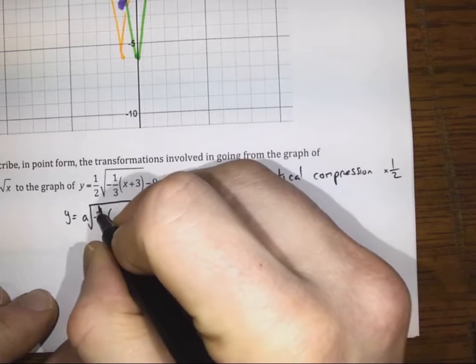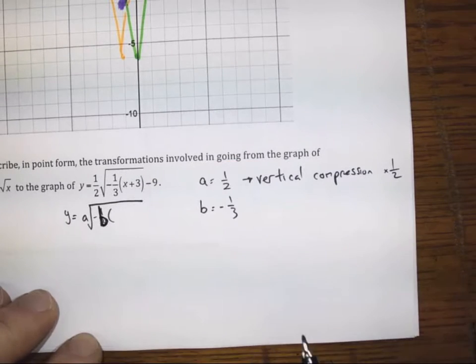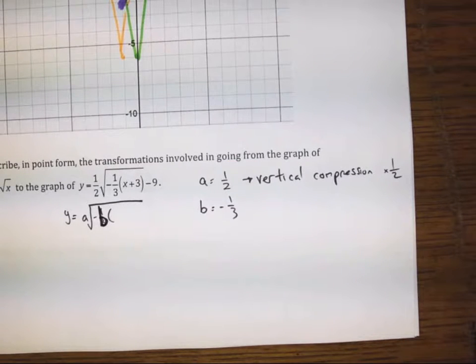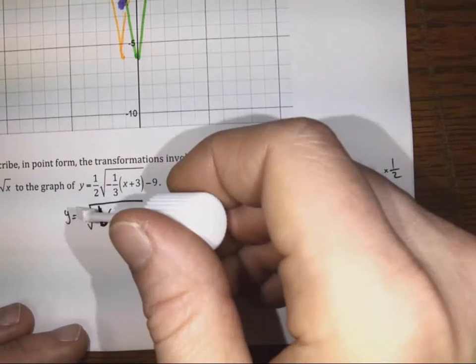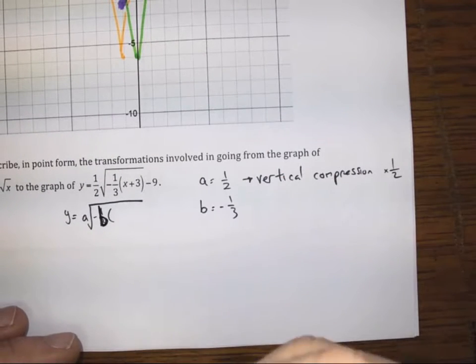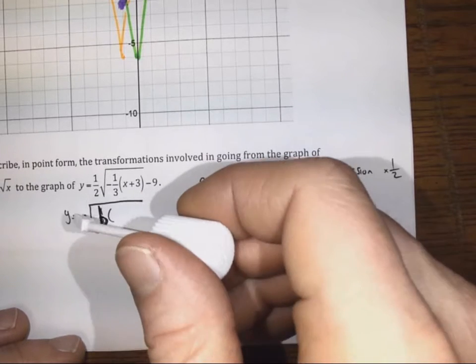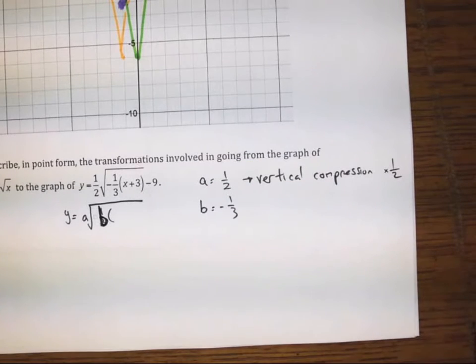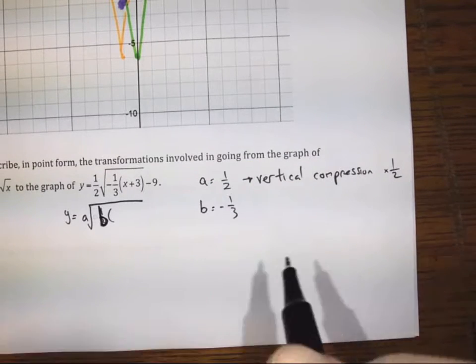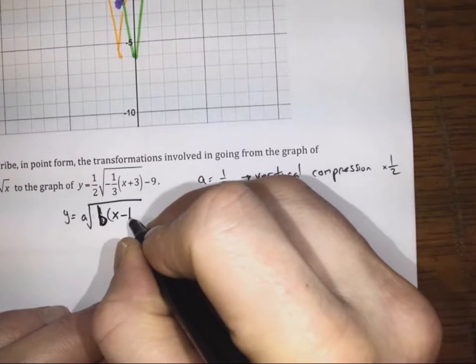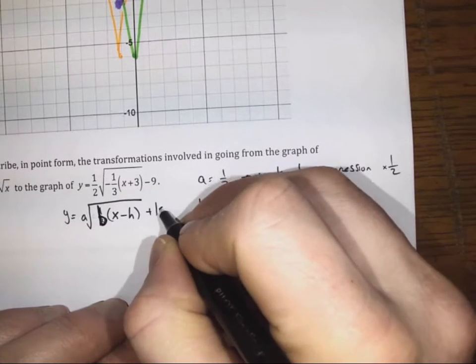B, no, just a general b. There we go. And then we'd have an x minus h, and then plus k.